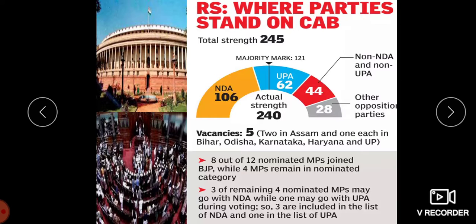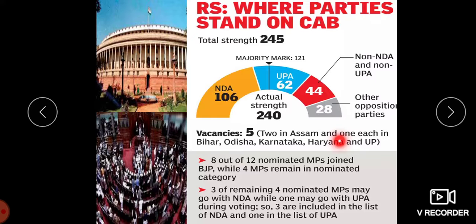Uttar Pradesh is represented in the Rajya Sabha by 31 members. Punjab sends only 7 members, and Goa, Manipur, Meghalaya and Mizoram 1 each, depending upon the population. Children, the union territories send only 4 members, that is Delhi 3 and Pondicherry 1.